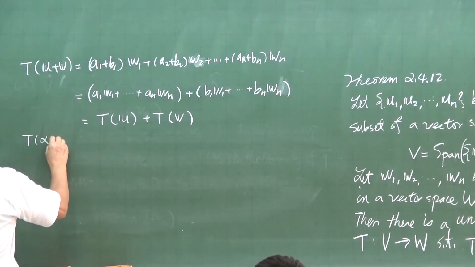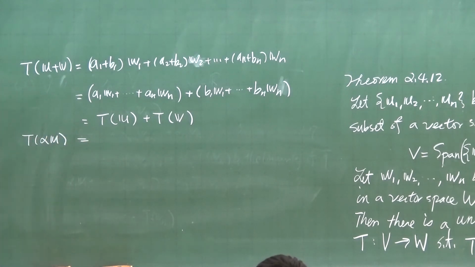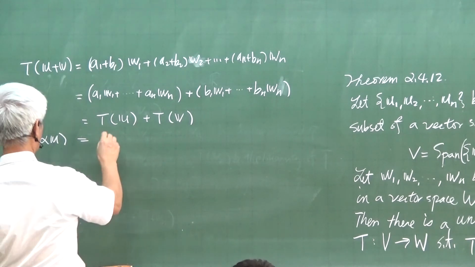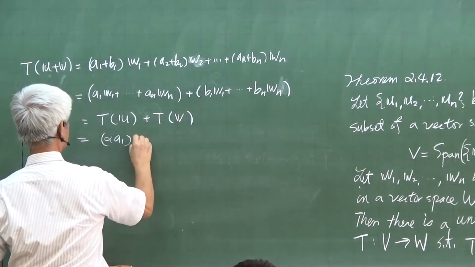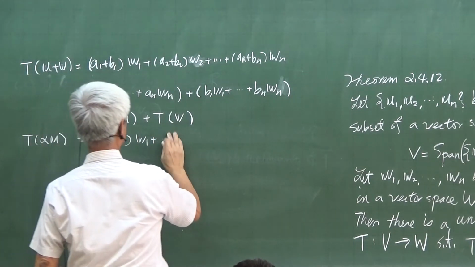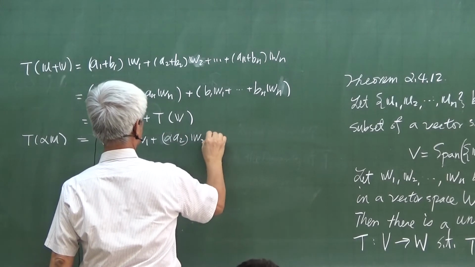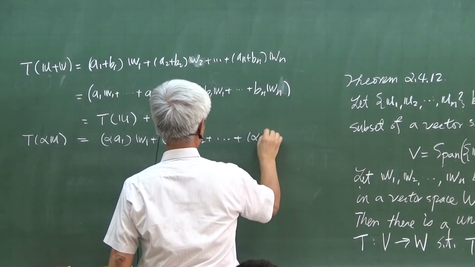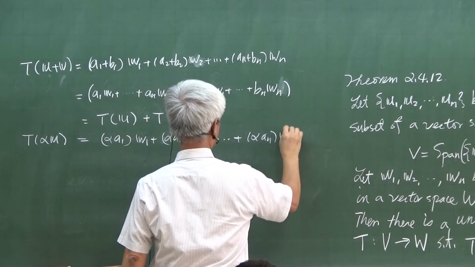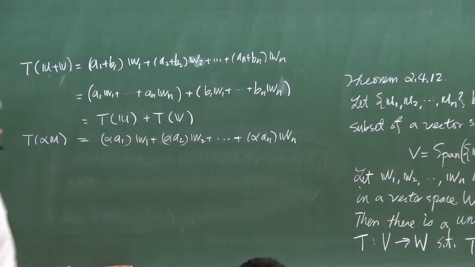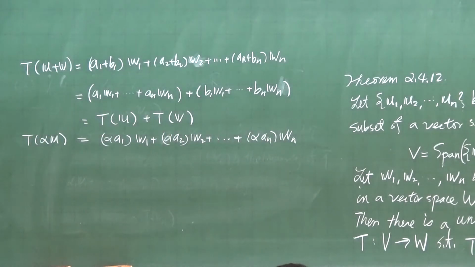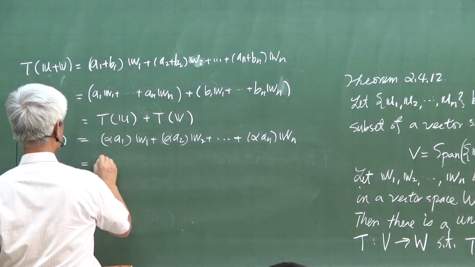Similarly, the image of alpha u by the definition of T becomes alpha a1 w1 plus up to alpha an wn. Okay, and apply the 7 axioms.